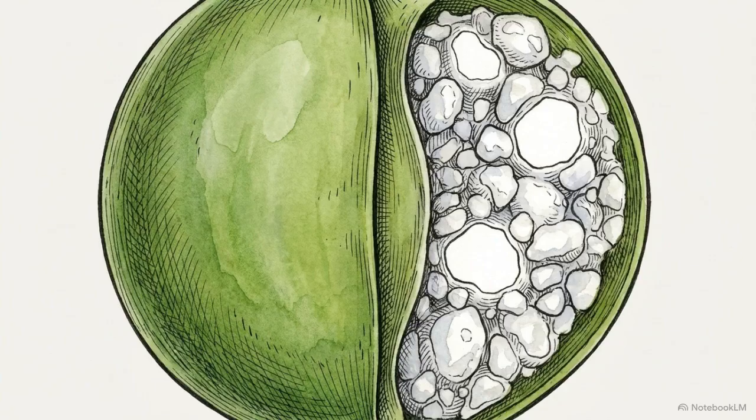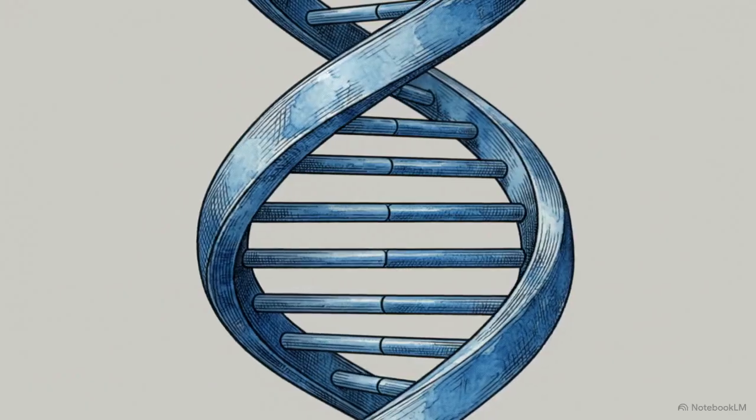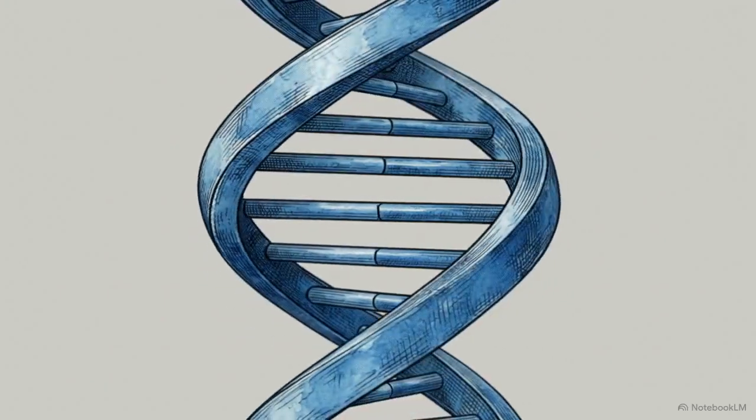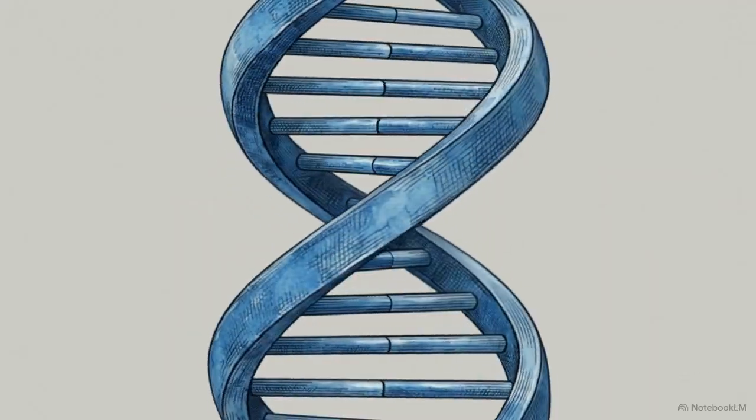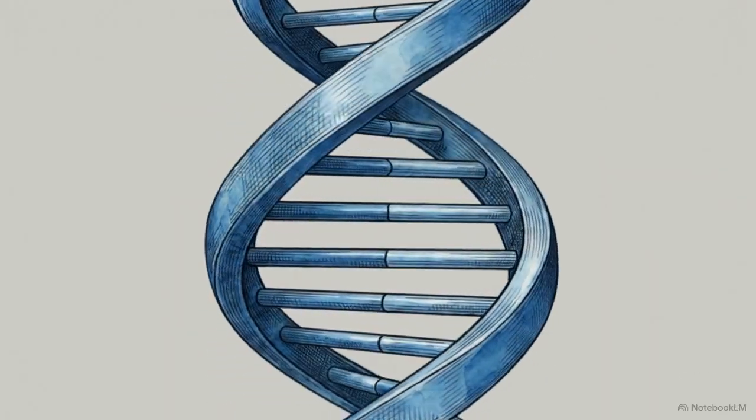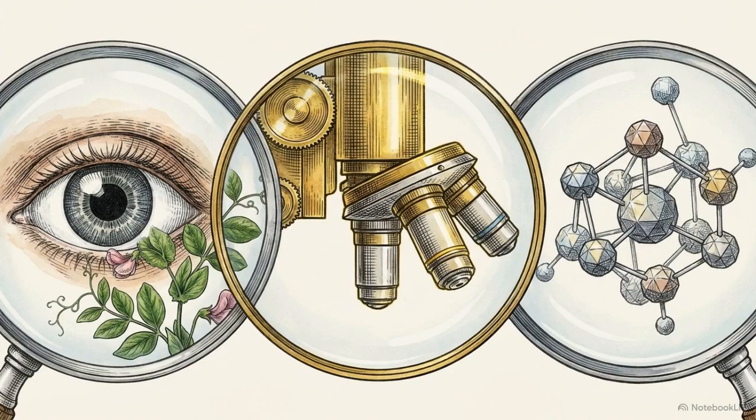The exact same alleles are completely dominant when determining the shape of the seed, but incompletely dominant when sizing the starch grains within it. The gene itself didn't change its behavior. The DNA sequence and the enzyme it produced remained entirely static. The only variable that shifted was the specific biological metric we chose to measure.